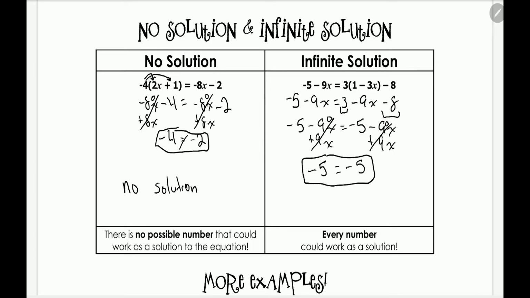And this is true. So if this happens, it doesn't matter what the x is, because the x just disappears somewhere in the dust. But whenever the dust settles, we have negative 5 is equal to negative 5. So it doesn't really matter what x that we choose. So we say that every number could work as a solution, or there's infinitely many.